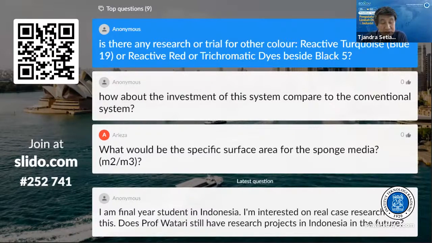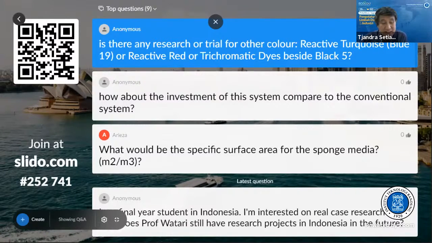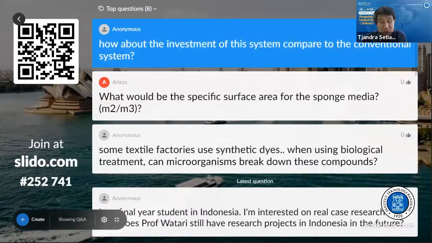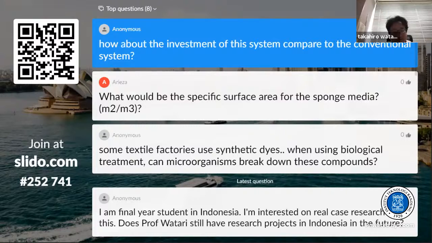For the next one, probably we can briefly discuss the investment cost and also the specific surface of the sponge media, please. Yes, about the investment of this system. As I told before, the sponge carrier is actually very expensive, so compared with the conventional system, it is maybe 1.3 to 1.5 times higher. But compared with a conventional system like activated sludge, we don't need aeration or much operational maintenance.